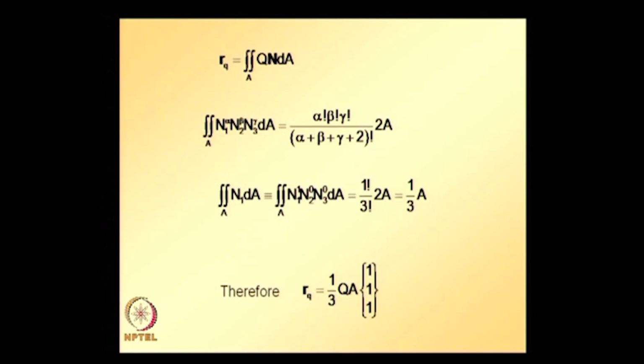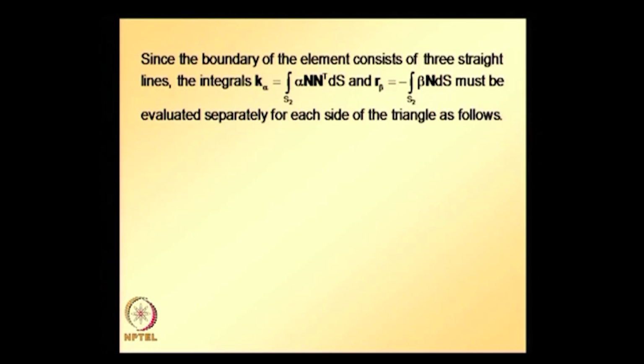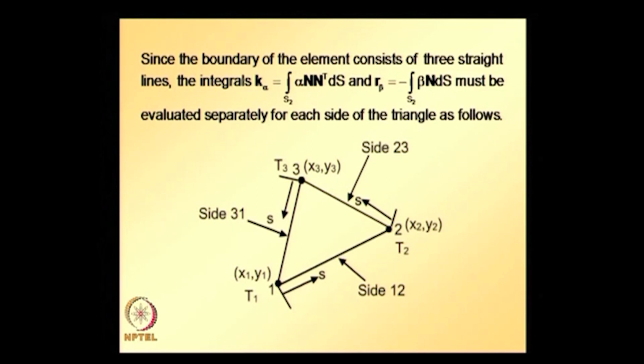This is how we can evaluate area integrals, and we are left with 2 more integrals which are boundary integrals, k alpha and r beta, and these integrals we need to evaluate along the element edges. This is the triangular element that we are looking at, or we are trying to develop element equations for this kind of triangular element.